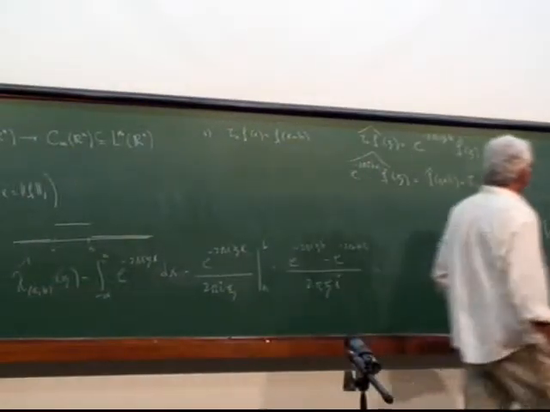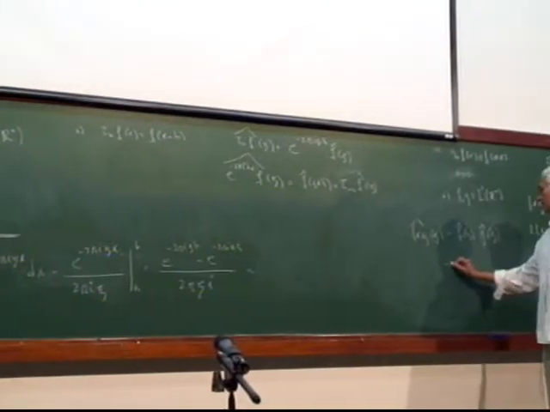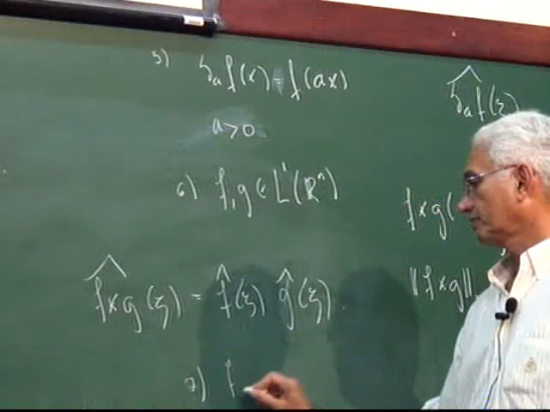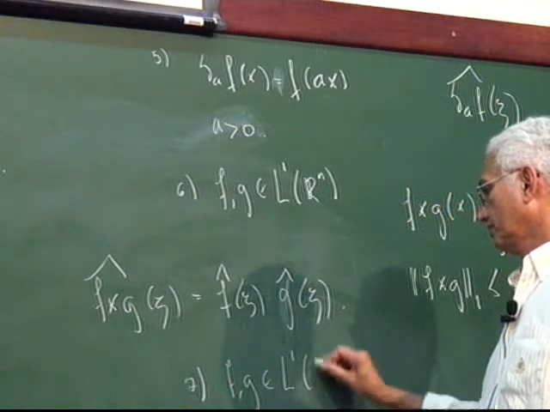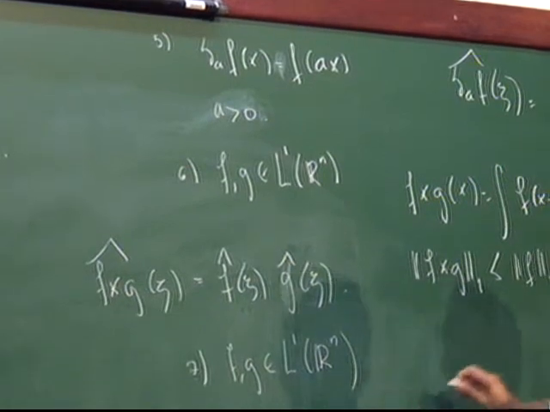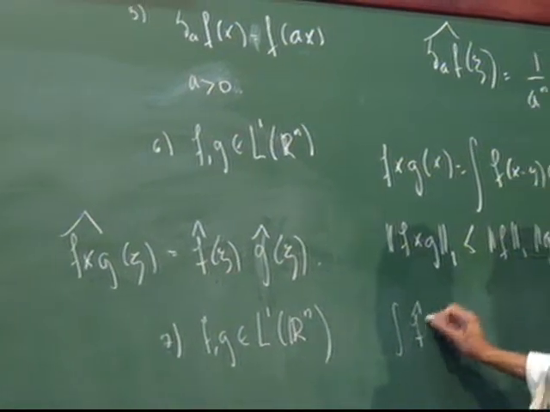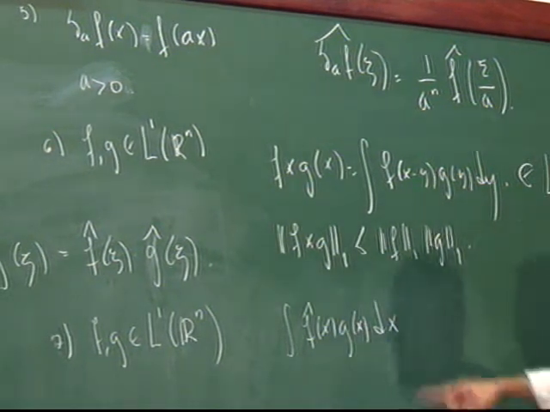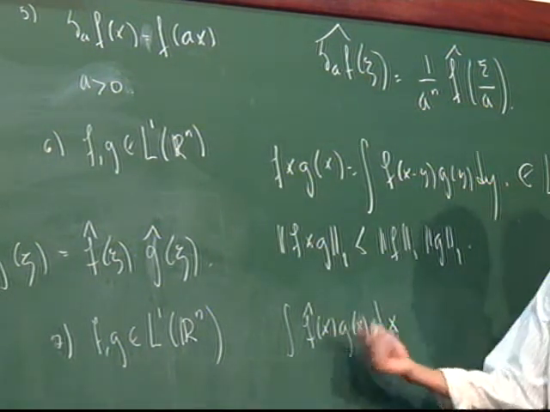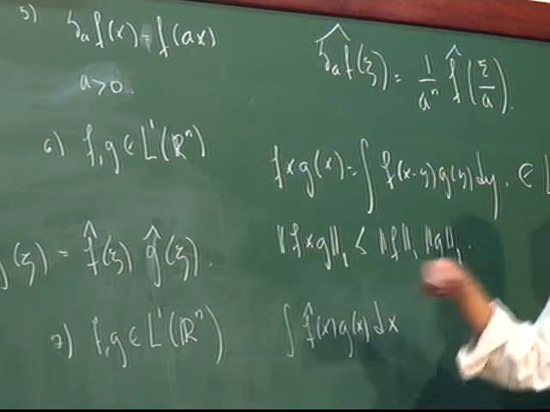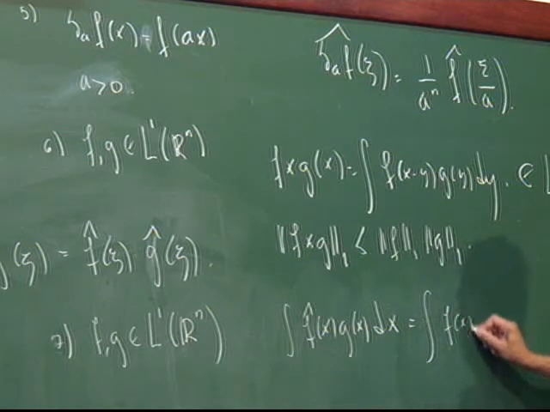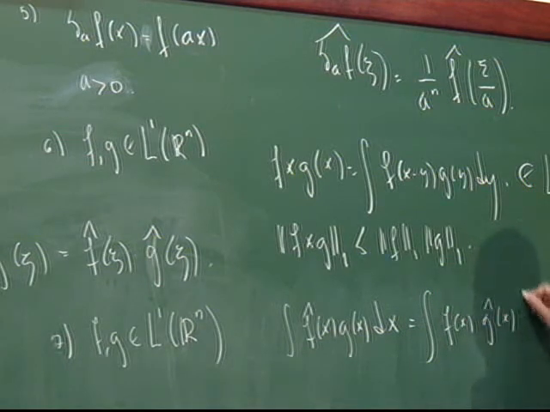In the same way, if you have two functions in L1, now you have a kind of weird notation because you use the x for the original function and the c for the transform. You can pass the hat to the other part. By applying Fubini and so forth, you apply the hat like this. Okay.